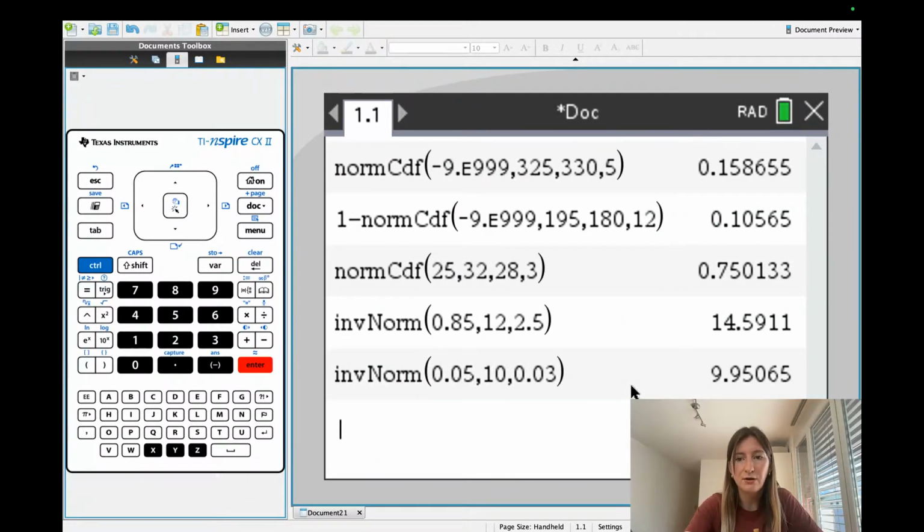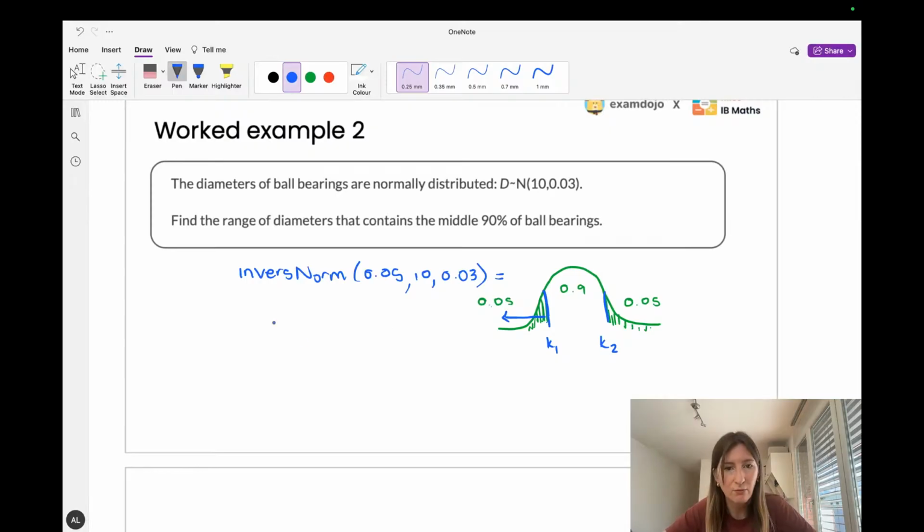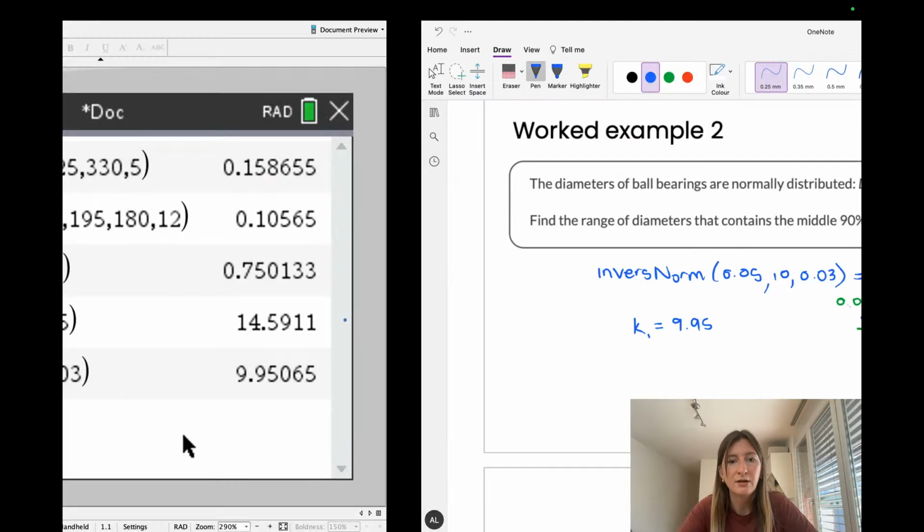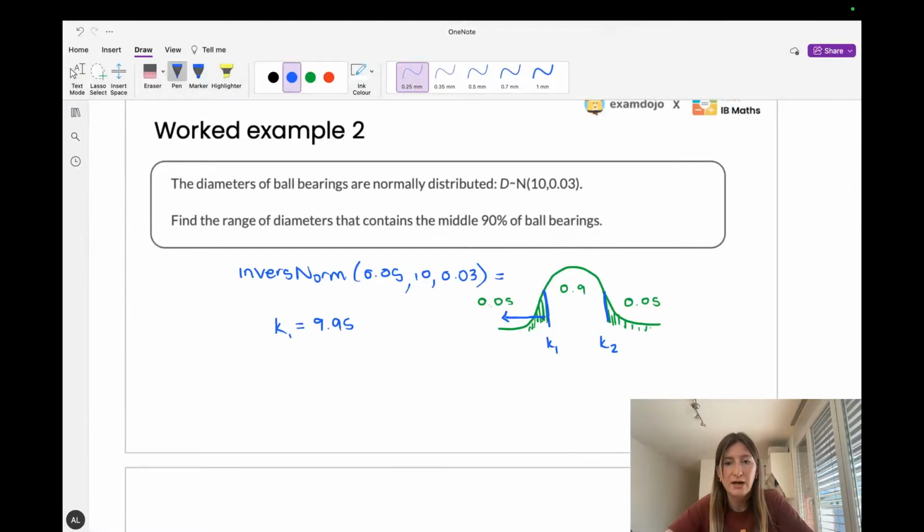Perfect. So for that one, we have 9.95. So my K1 is 9.95. Drawing these diagrams can also help give you method marks for showing understanding, so it is recommended that you try and show these things.